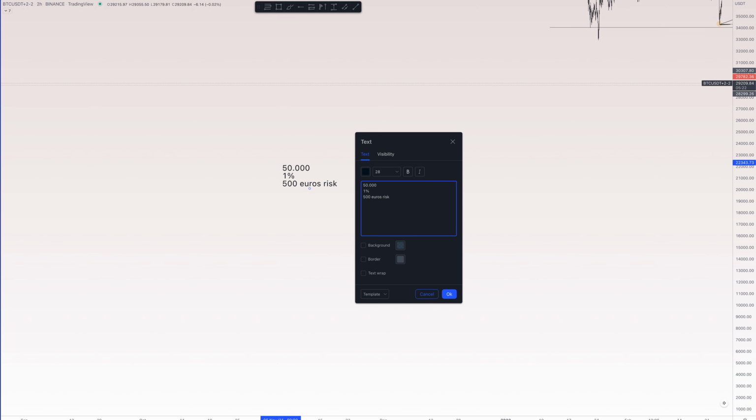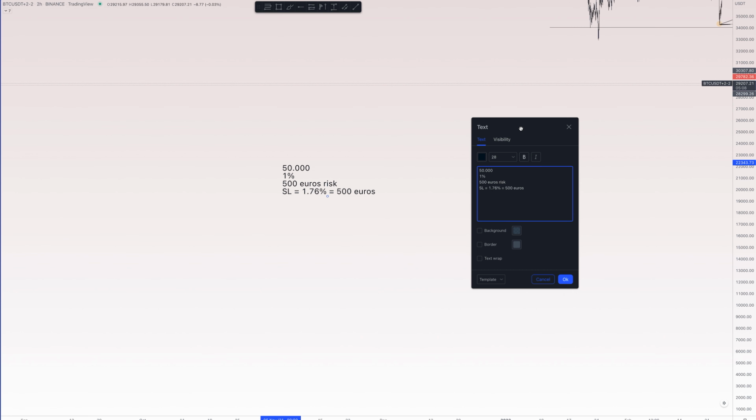And our stop loss is 1.76%, and this 1.76% must be equal to 500 euros. So how can we calculate this? Very easy. Just put 500 divided by 1.76%.